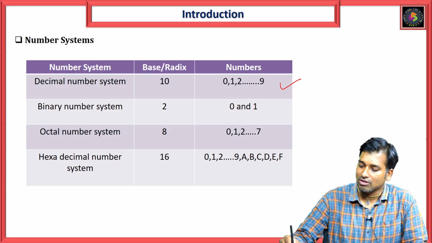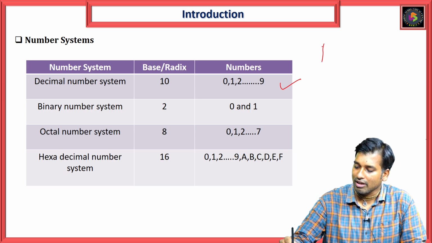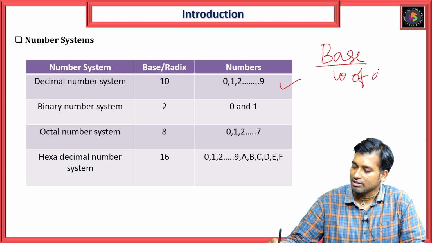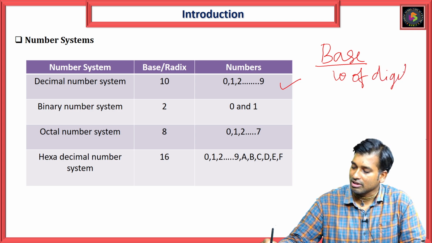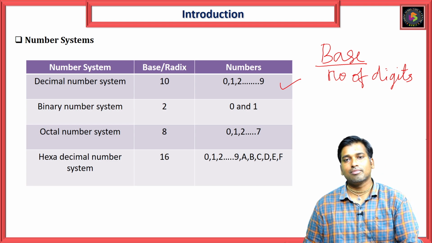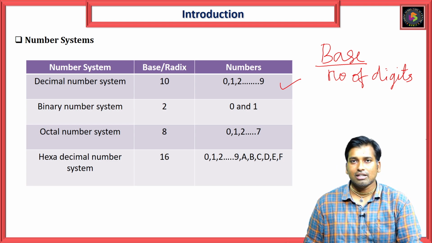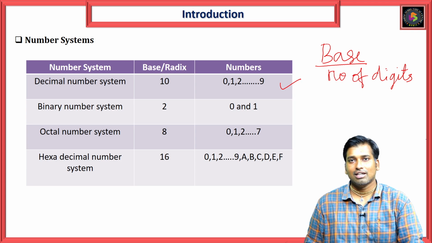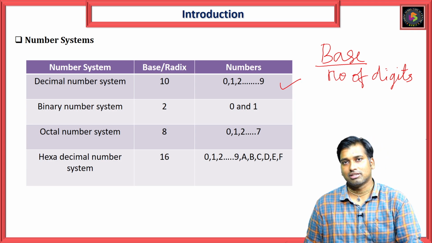Generally, the base or radix is nothing but it's the number of digits that are there in the particular number system. So number of digits in the number system. In the case of decimal number system, the number of digits are from 0 to 9. That means there are 10 digits in the decimal number system.